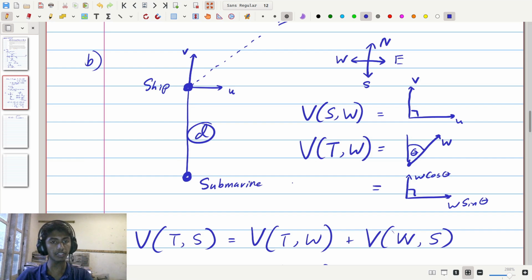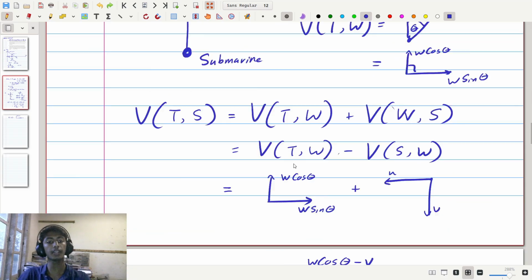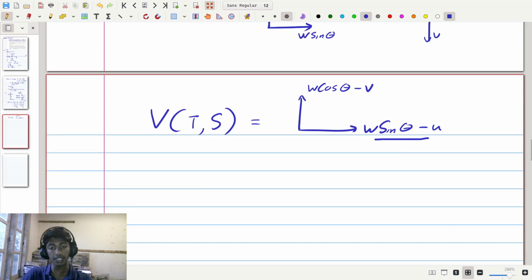The vertical displacement is d, but the horizontal displacement must be equal to 0. Therefore the horizontal velocity of the torpedo relative to the ship must be equal to 0 for this to work.